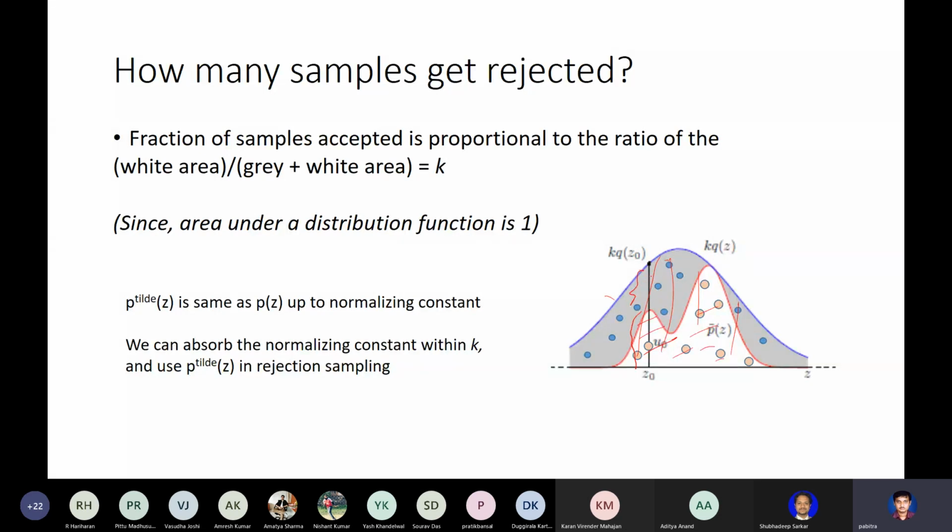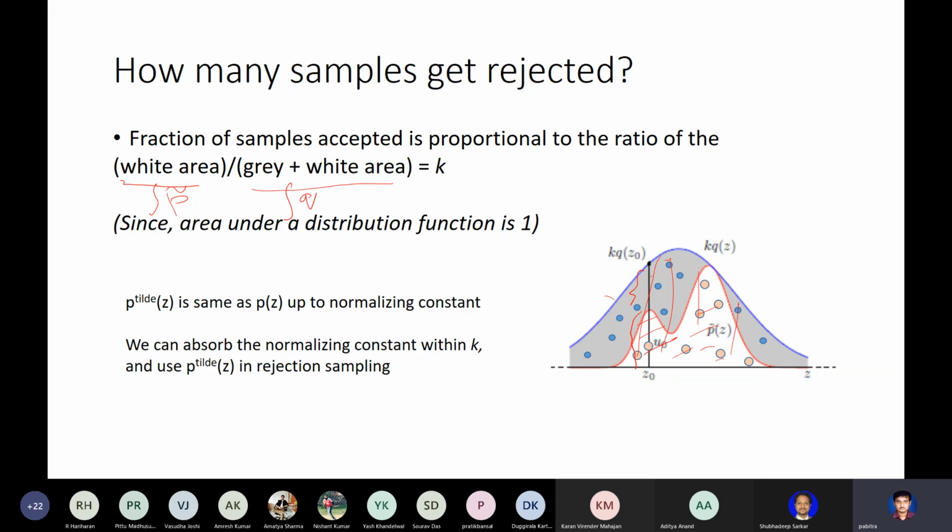So the fraction of points that get accepted is proportional to this white area divided by the gray area plus white area. This is the area under the P tilde curve, and this is the area under the q curve, because that's the area under the blue. So gray plus white is the area under the upper bound, the encapsulation function kq(z).